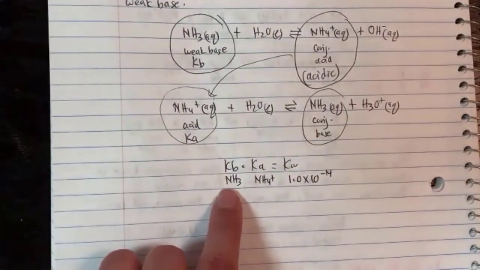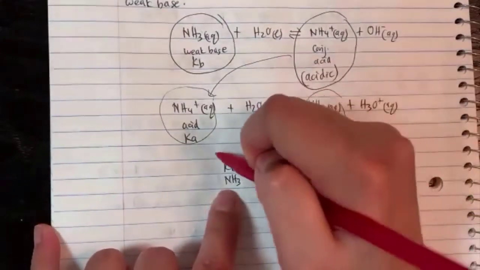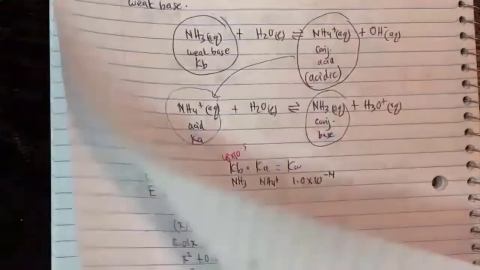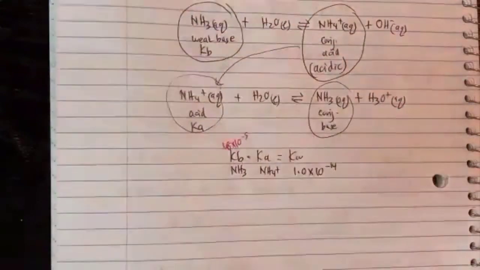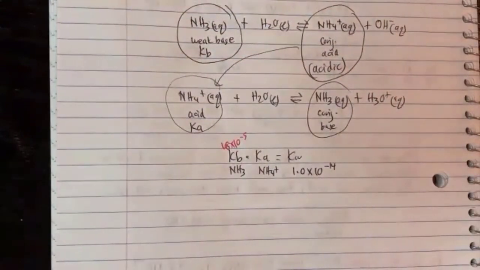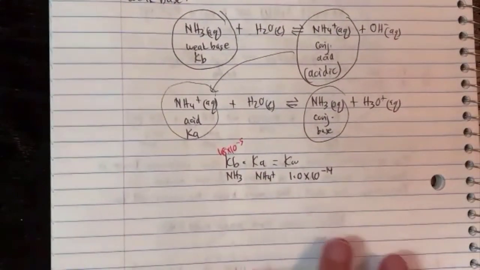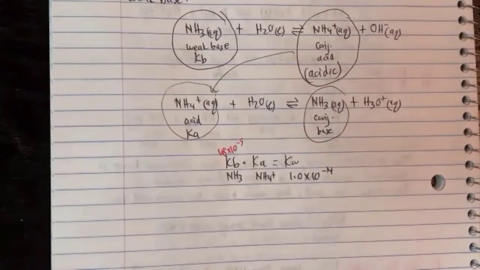So the Kb for ammonia, funny enough, is actually also 1.8 times 10 to the minus 5, I believe. I've done it so many times I accidentally remembered it. Pretty sure that's it. So you can find the Ka in this case. Just wanted to show you guys that, and that skill is really useful in the problems that we have for ions.